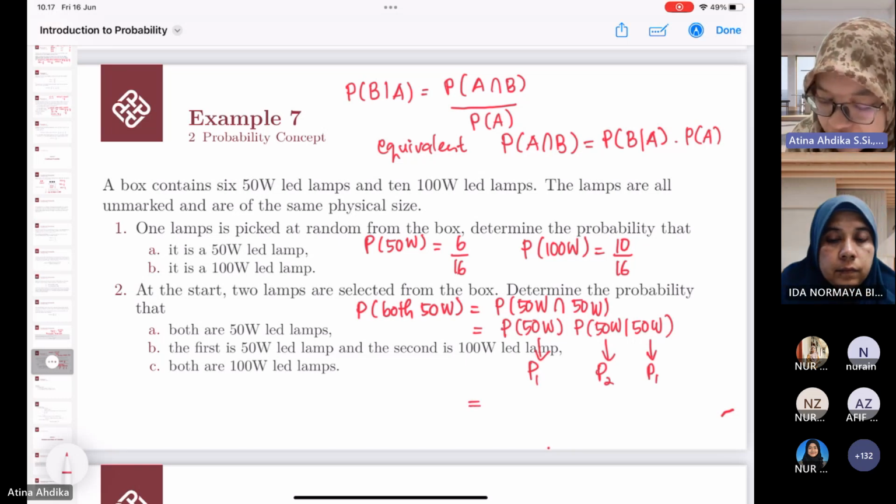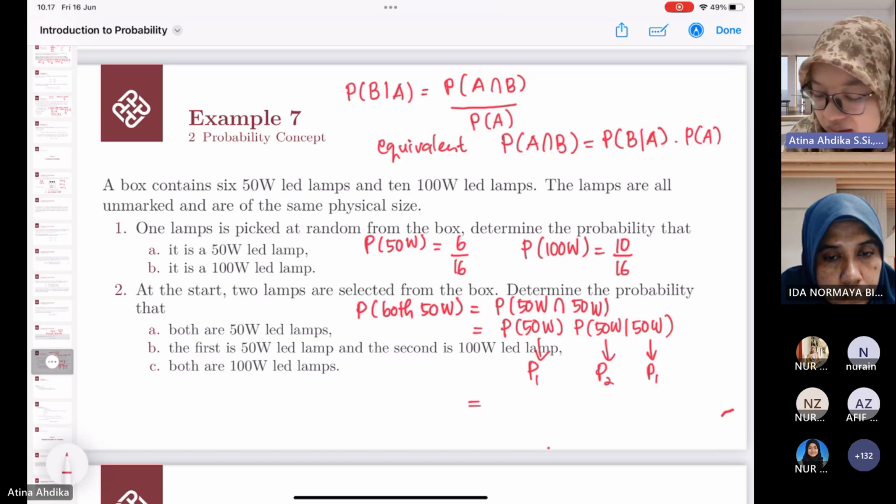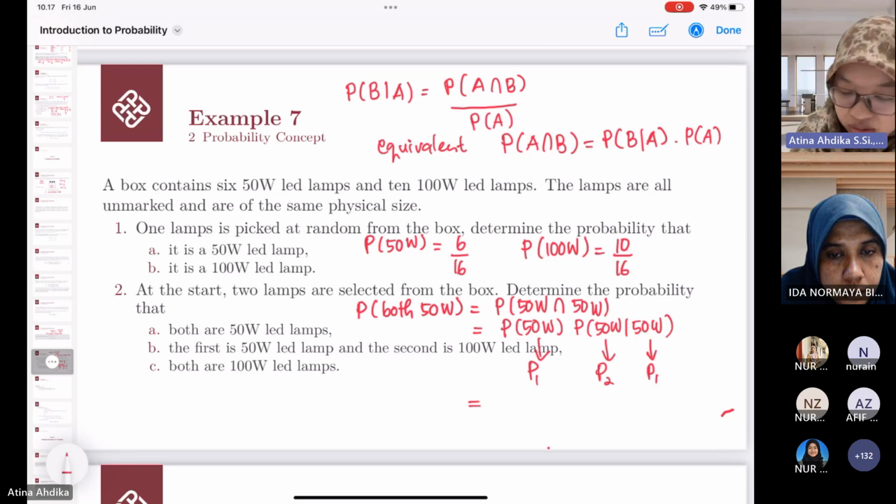So the probability that a 50-watt LED lamp is selected is 6/16. And because one of these lamps has been taken, we have 5 50-watt LED lamps left in the box, so here we have 5/15.